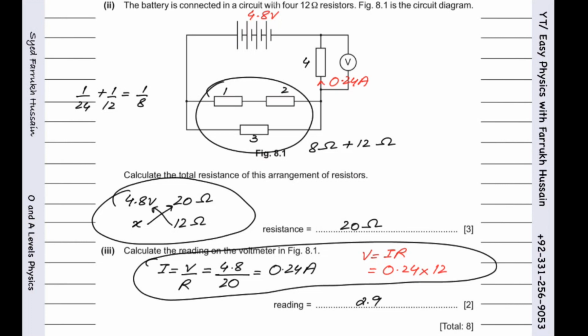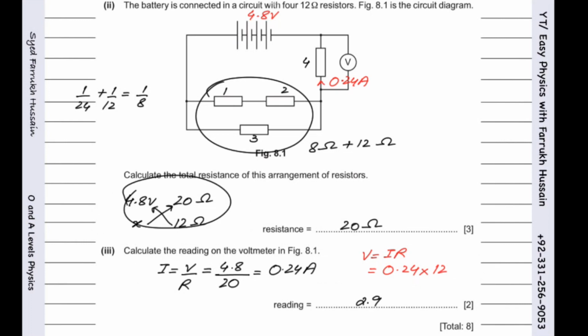But in the first one, I don't understand why we divided by 4.8. If you're supposed to cross multiply, why did you divide? I have not divided it by 4.8, divided by 20. Why did you divide it by 20?